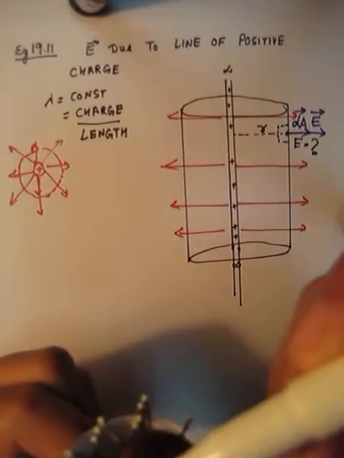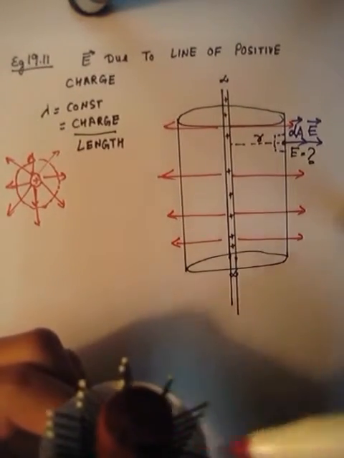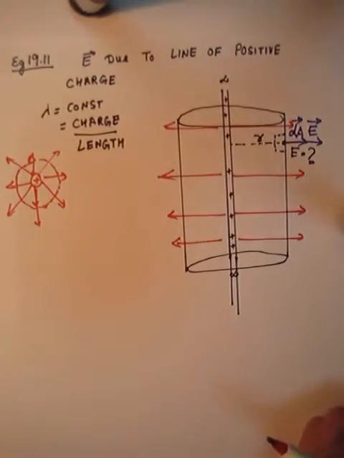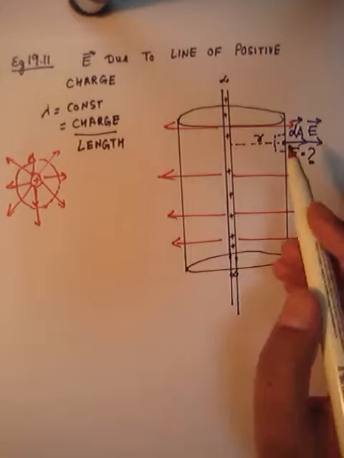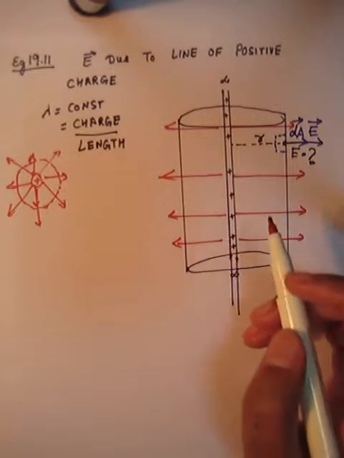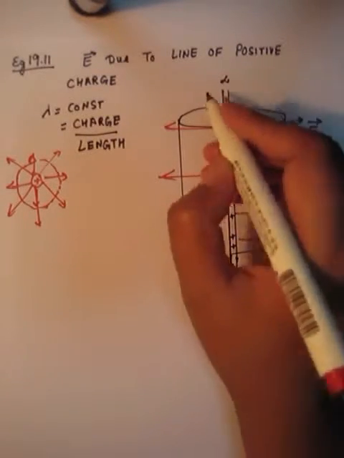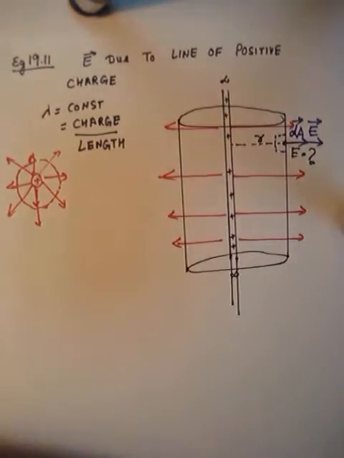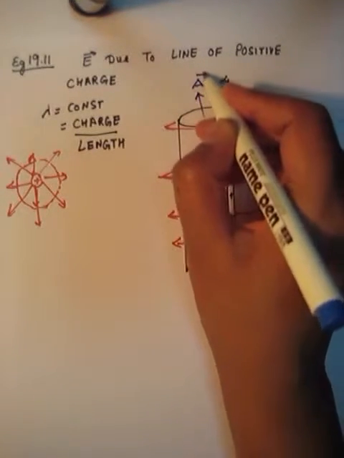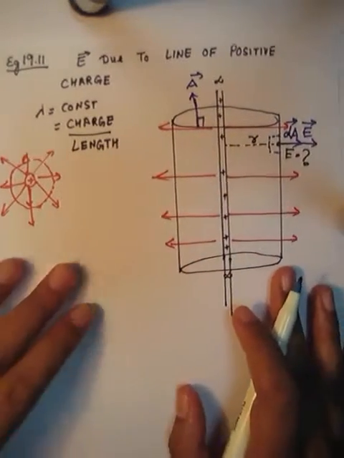Suppose this is a positively charged rod inside, and this will be the Gaussian surface. From here we understand that the electric field and area vector will be parallel to each other. So we know the angle between them, and at these flat end surfaces the area vector will be perpendicular to the electric field.